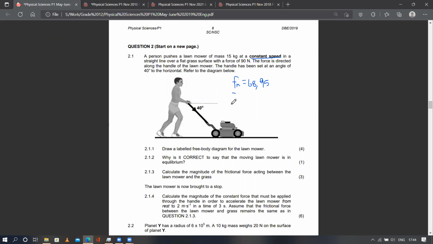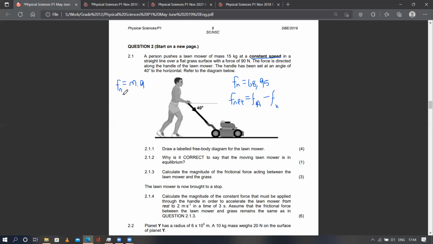We know that our F net will still be equal to our force applied minus our frictional force. But in this particular case, our F net, according to Newton's second law, is going to be our mass multiplied by the acceleration.